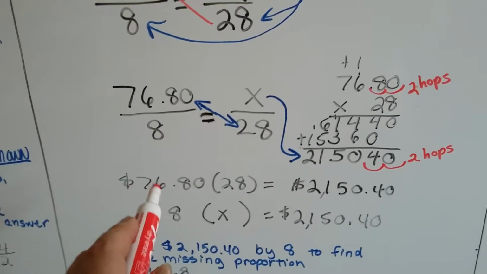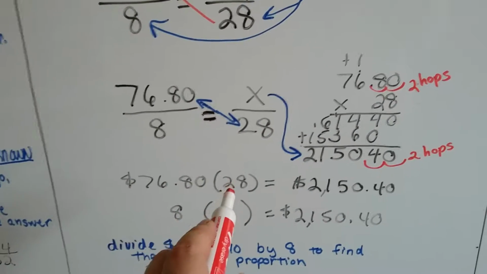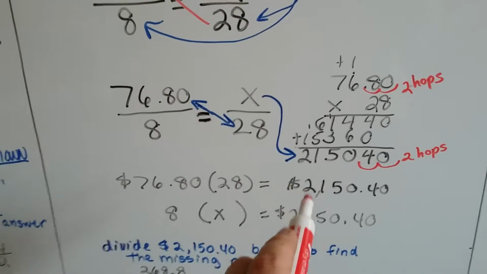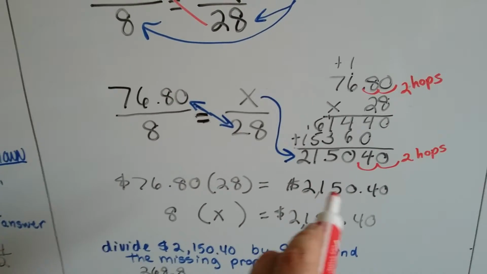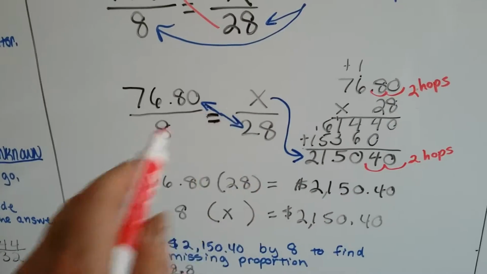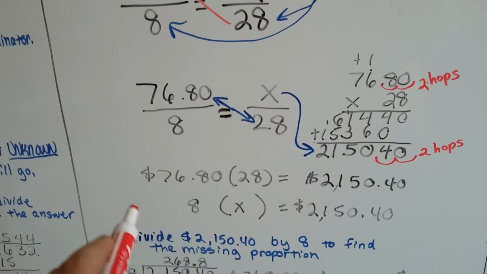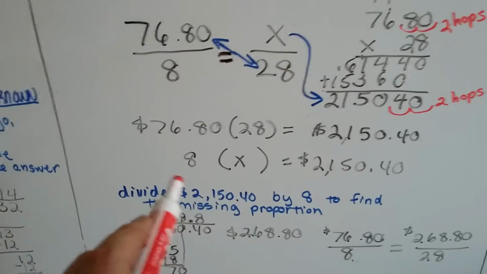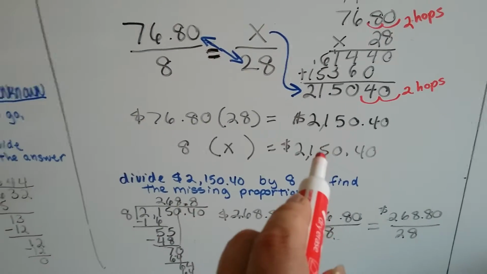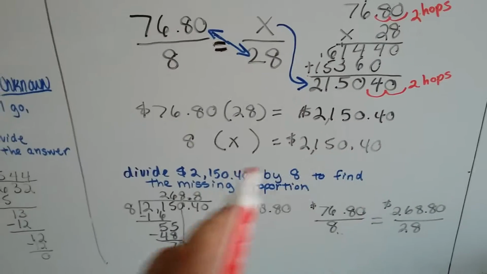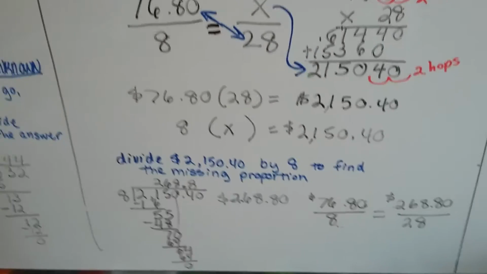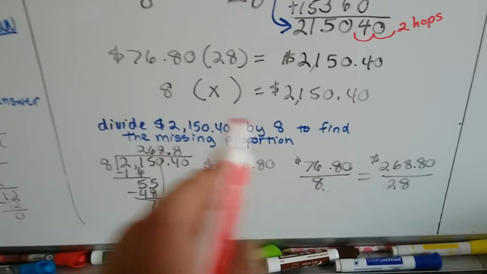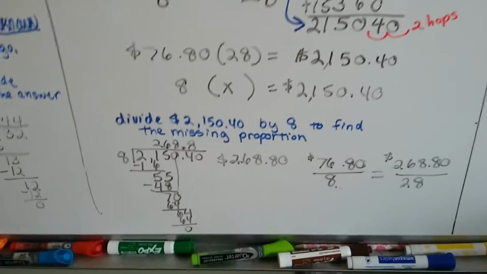So 8 times whatever this unknown amount is going to equal that. So we need to divide the 2150.40 by 8 to find out what this missing proportion is. Because division is the opposite of multiplication, that will tell us what x is.